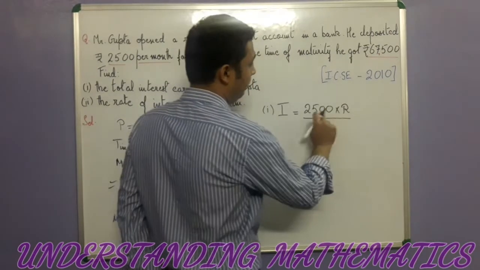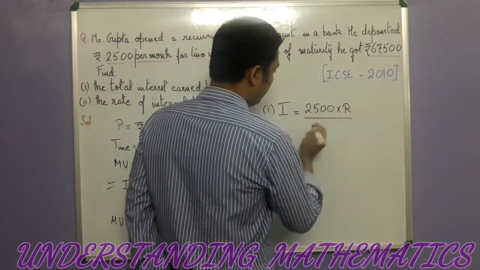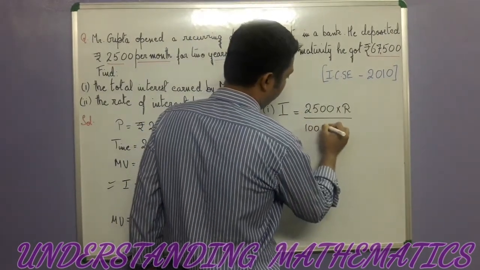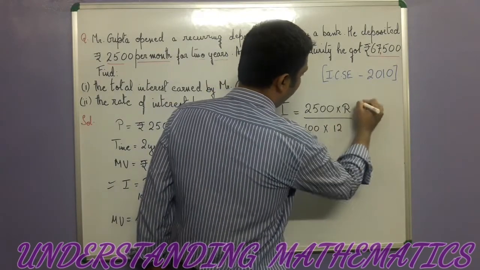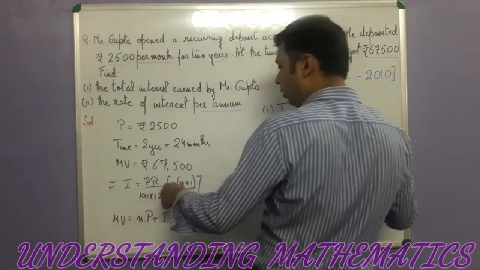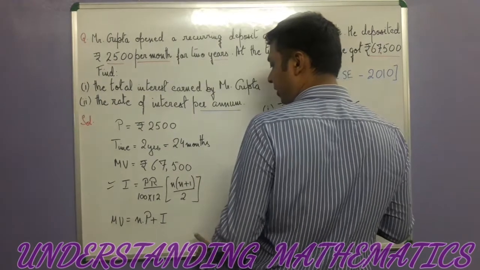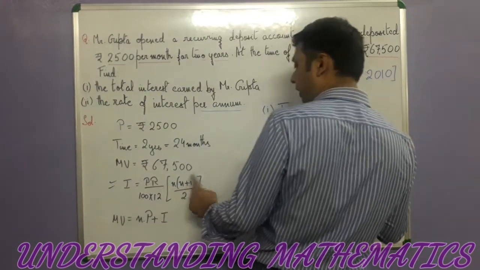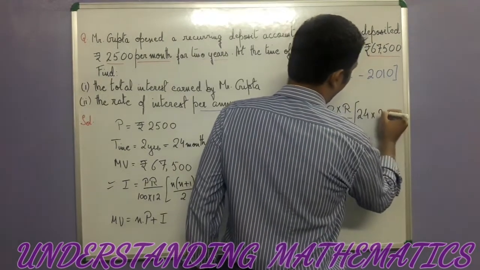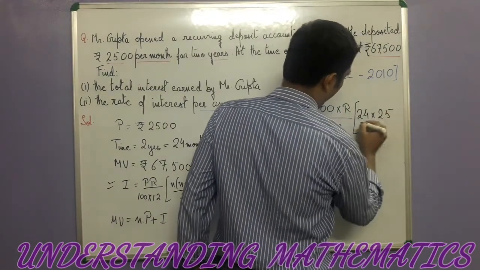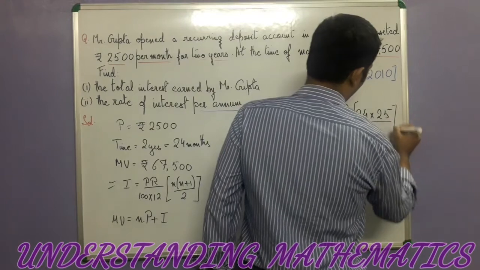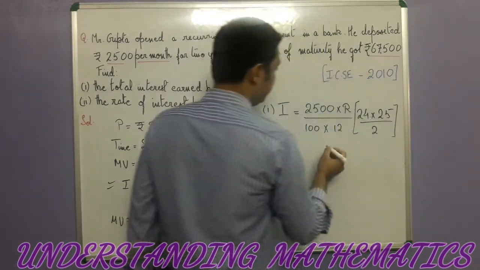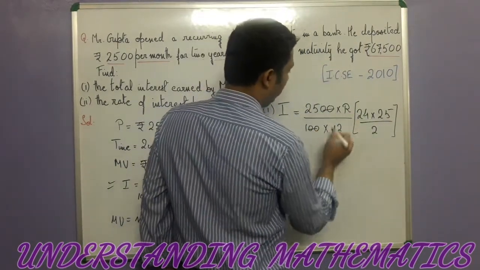So we divide it by 100 into 12, and then within brackets you put 24 months, isn't it? So in place of n you will have 24, and in place of n plus 1 we have 25, divided by 2. Okay.